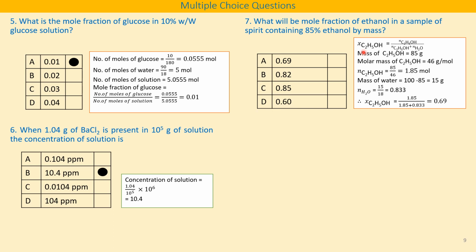Therefore, mole fraction X of C2H5OH is equal to N of C2H5OH divided by N of C2H5OH plus N of H2O. So therefore mass of C2H5OH is 85 grams. It is given 85. So therefore molar mass of C2H5OH is equal to 46 grams.